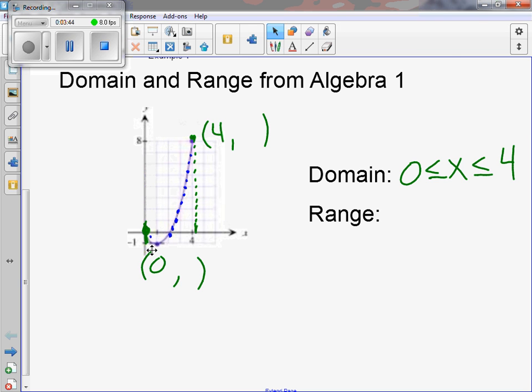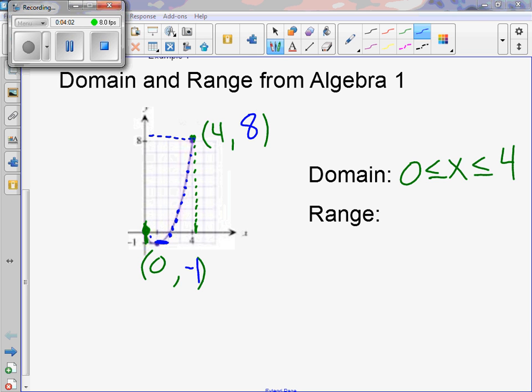Range-wise, let's look at the range. Range is the lowest y value, so let's look at the lowest point on the graph, that's at -1, to the highest point on the graph, which is at 8. The lowest point is at -1, and there's an actual coordinate there.